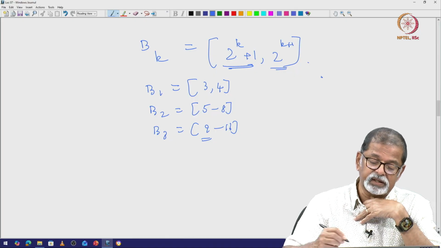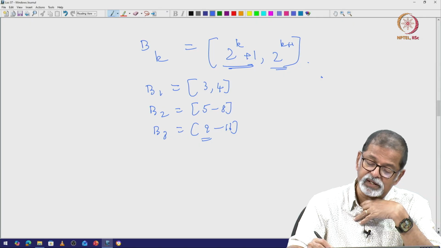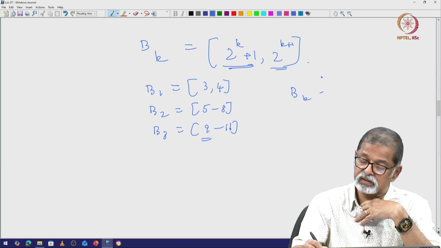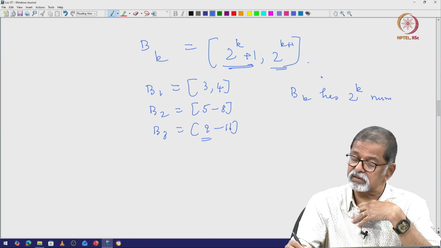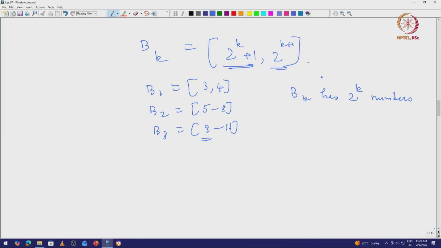In general Bk has 2 power k numbers, from 2 power k plus 1 to 2 power k plus 1. Half of them have difference 2, half of them have difference 1. That is what we have. The first half has difference 2, the second half has difference 1.